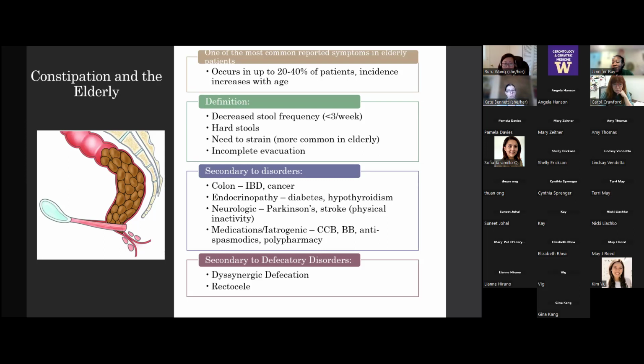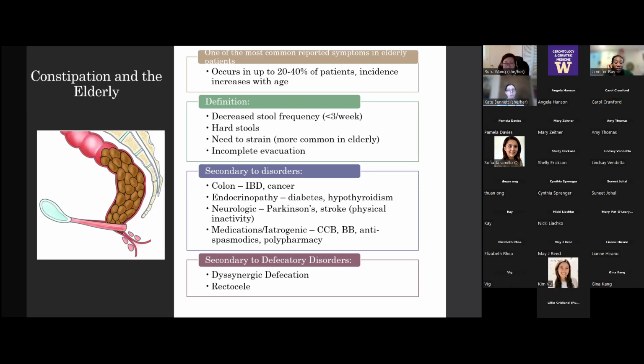Medications are things we do to the patients. So calcium channel blockers, I do a good medication review to make sure that they're not on high doses of these, or beta blockers. Antispasmodics, such as Bentyl, dicyclomine, or Levsin, hyoscyamine. Those work well for periodic abdominal pain, but if the patients are taking them a lot, they do have a constipation side effect, similar to Zofran, actually, for anti-nausea.